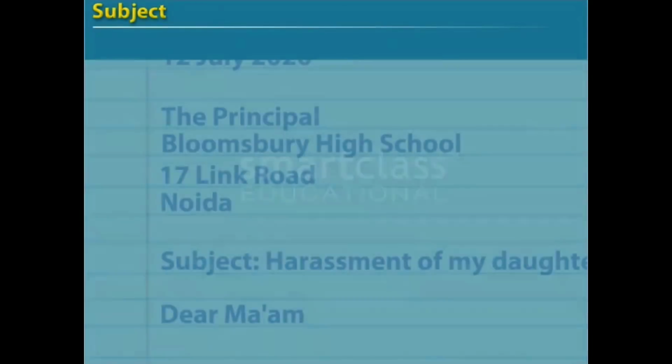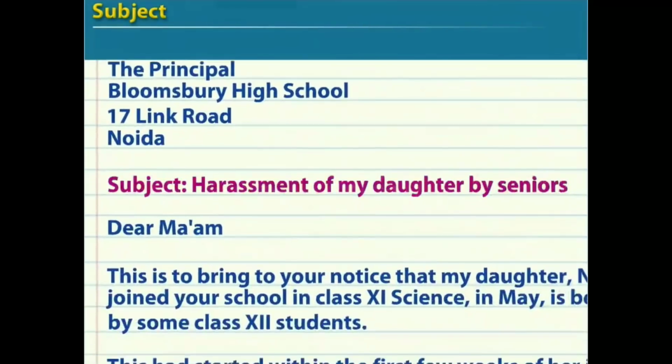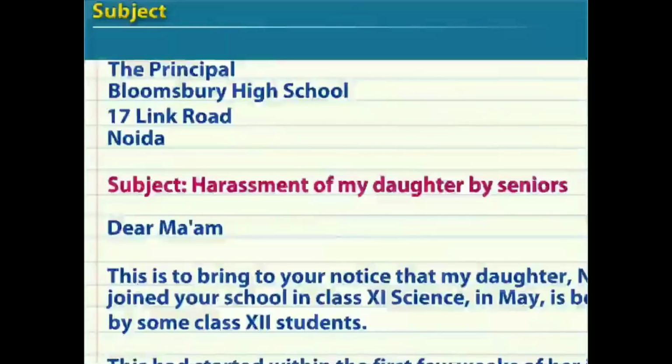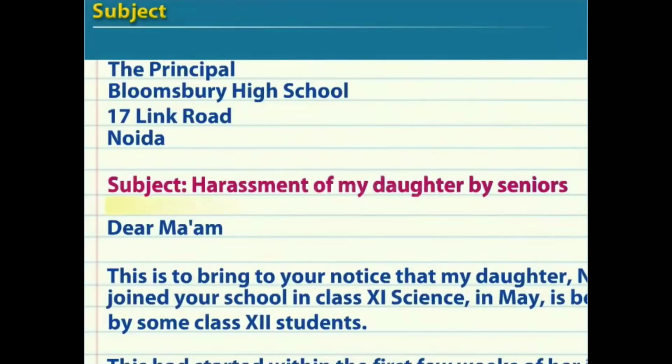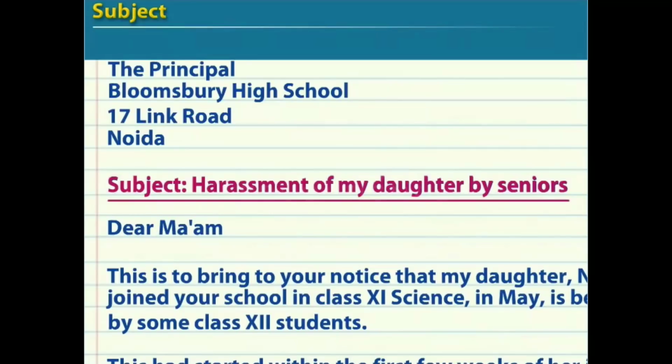Subject. The subject states the purpose for writing the letter briefly and accurately. Write the subject after leaving a line below the receiver's address and above the salutation. Underline it.